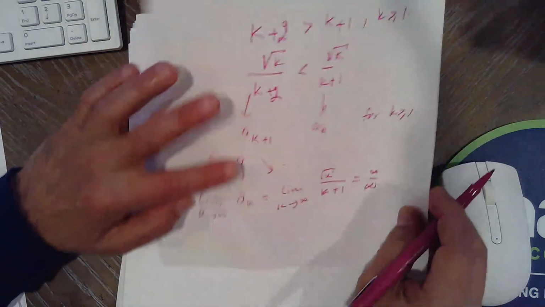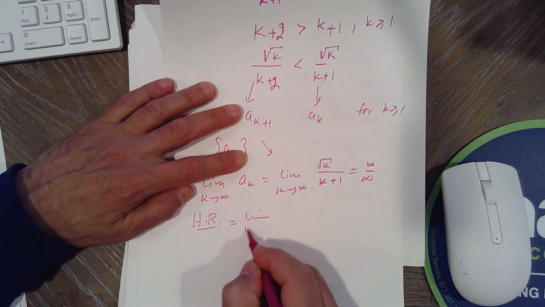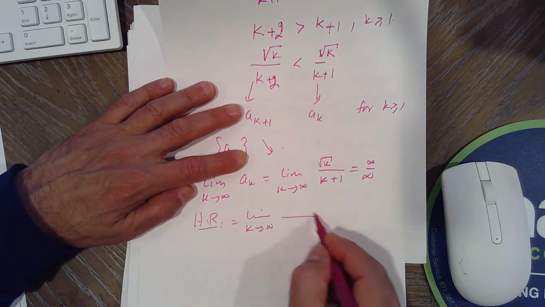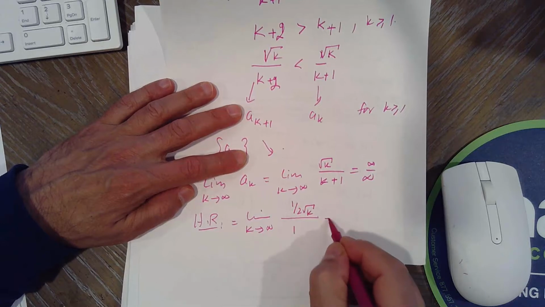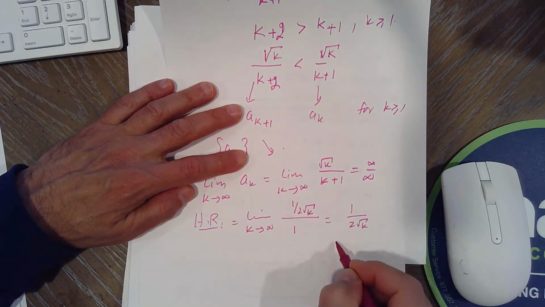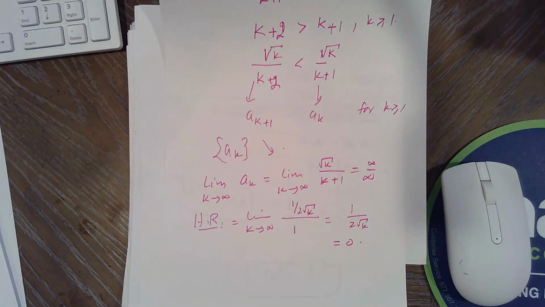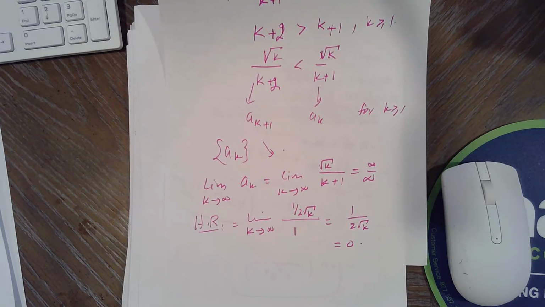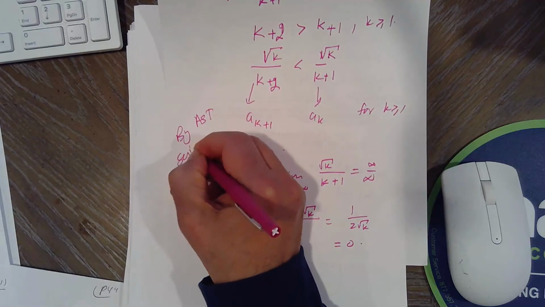If you do L'Hopital's rule, you get the limit as k goes to infinity: the derivative of root k is 1 over 2 root k, and the derivative of k plus 1 is 1. So it's 1 over 2 root k, which is 0 as k goes to infinity. So it's decreasing, and the limit is 0, so by the alternating series test, the series converges.